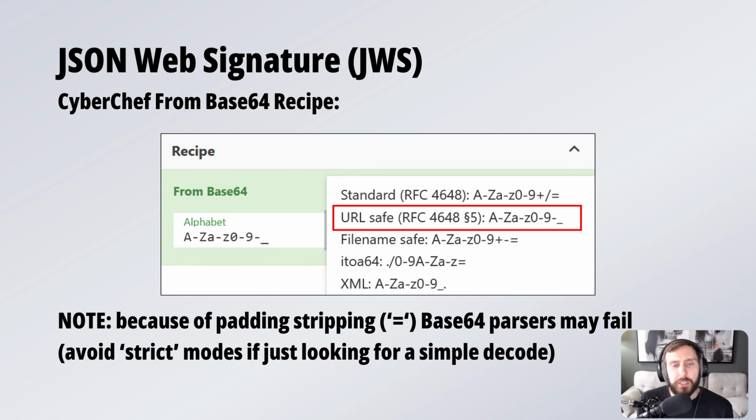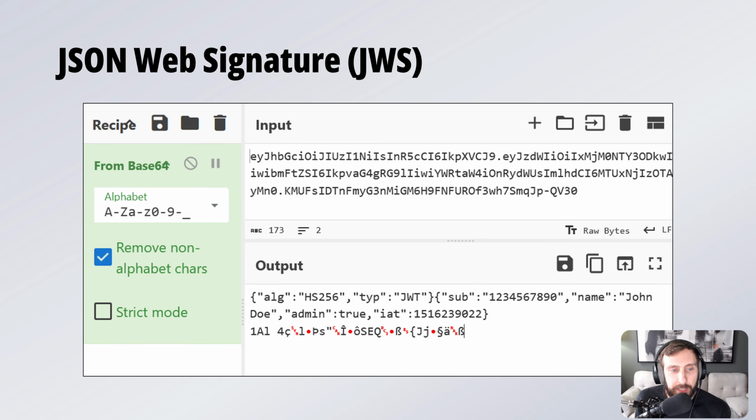So if you're using a tool like CyberChef, there is a URL safe variant, and you'll see that it refers specifically to the RFC 4648, and it even indicates the section number. But one thing to note is that a lot of base64 parsers may still fail to parse the tokens if they're looking for or expecting the padding characters. So that's just one thing to keep in mind.